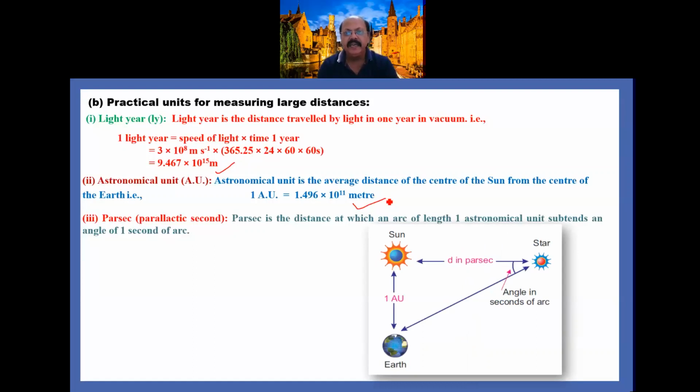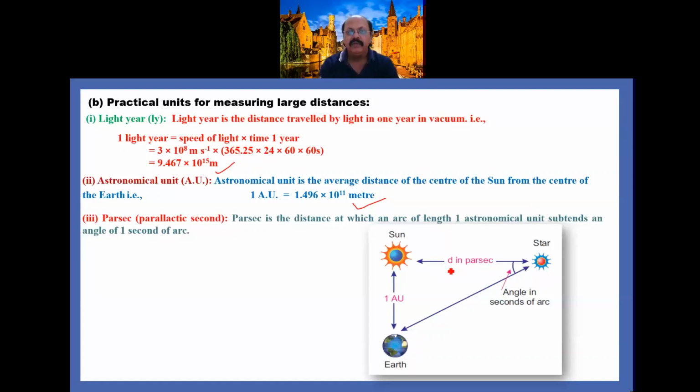So you can see here in the diagram, the average distance between the center of the sun and the center of the earth is 1 astronomical unit, which subtends an angle of 1 second. Here it is a star. Then the distance between the sun and the star, that is in parsec, is represented by d.